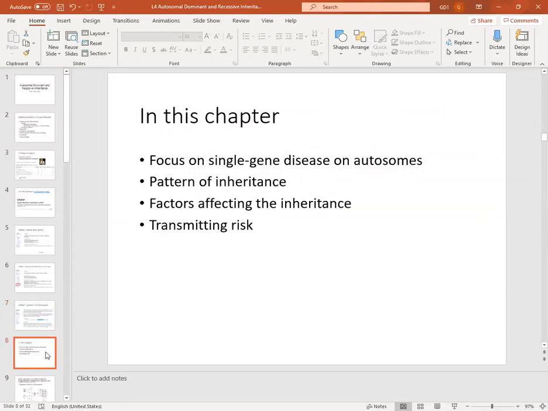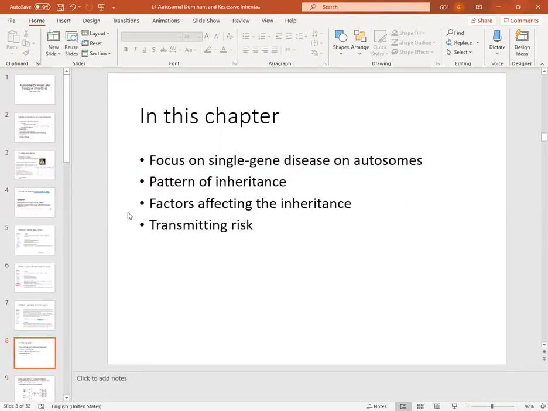Okay, in this chapter, we'll focus on single gene disease on autosomes, and the sex chromosome or mitochondria we can discuss in the next slide. And we will discuss the pattern of inheritance, which is very important for prediction, or at least estimating the outcome of the disease in a specific person, and also very meaningful to the family, right?